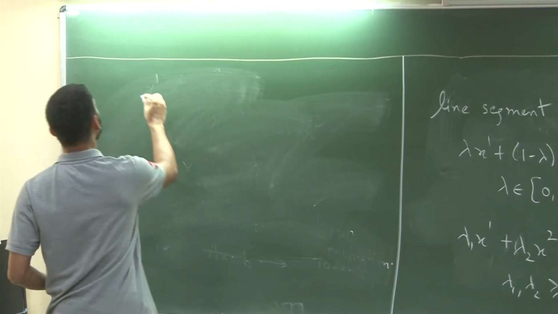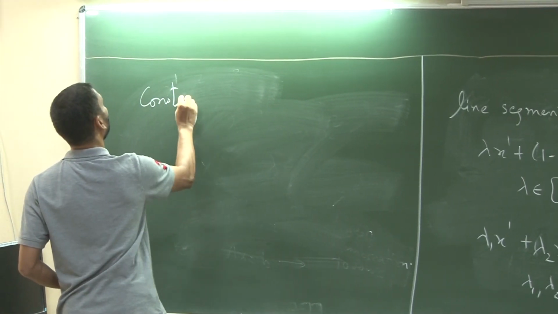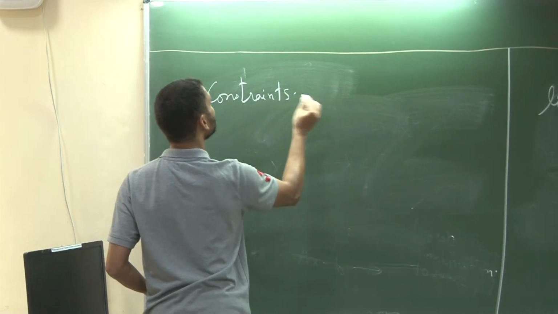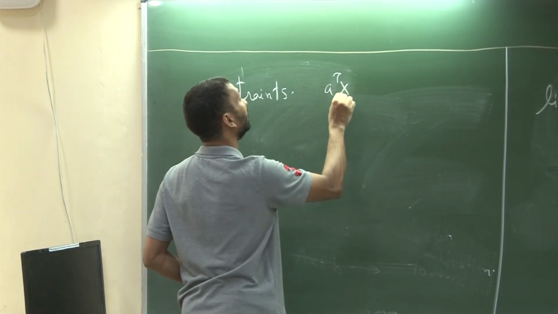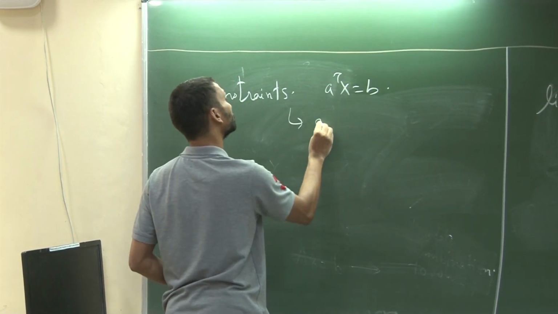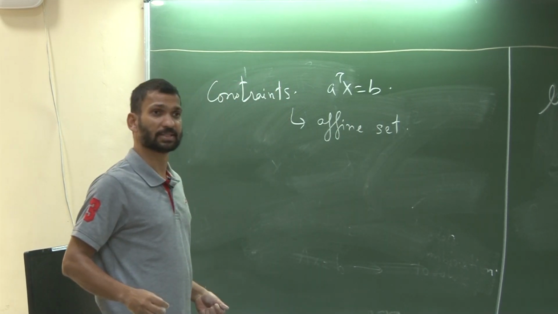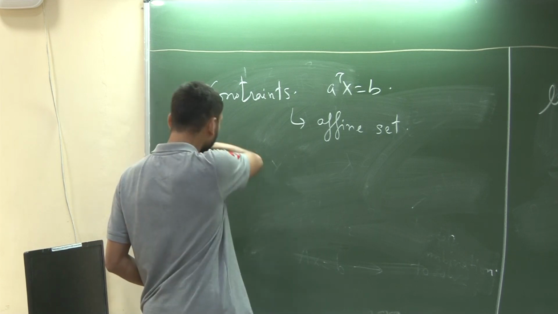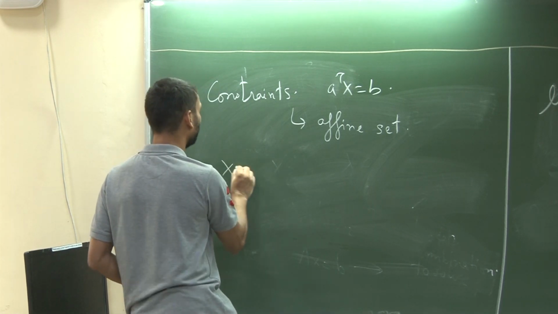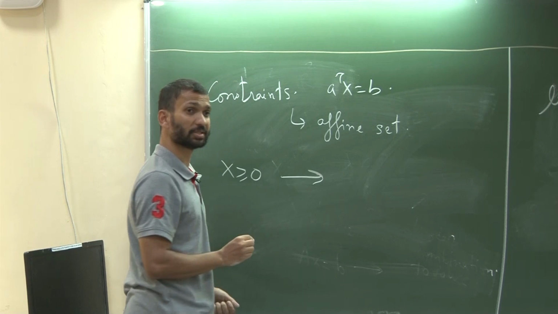And the reason is pretty simple. If you look at constraints, something like A transpose X equal to B, this is going to be an affine set.